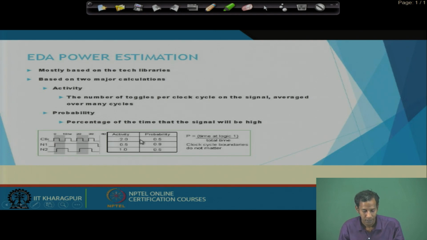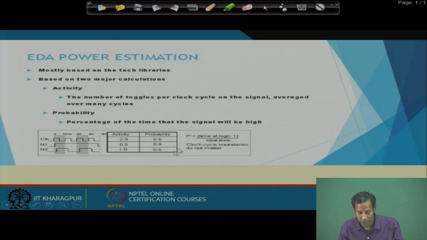We have to set the activity, the number of toggles per clock cycle on the signals. Here N2 is toggling 2 times, and the probability is the percentage of the time that the signal will be high. For N1, the activity is how many clock cycles it is toggling, which we have to check.